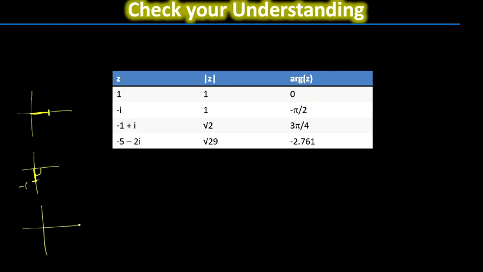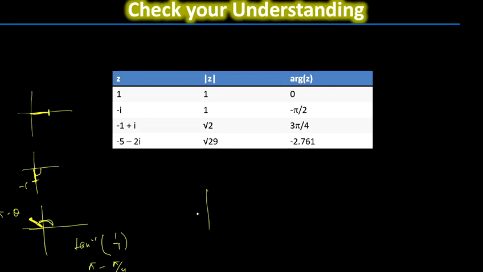If you have negative 1 plus iota, somewhere here, this length is root 2, applying the Pythagoras theorem, x squared plus y squared. But what about this angle? You apply the formula tan inverse of imaginary over real, ignoring the signs first, and you get pi by 4. In this quadrant you have pi minus theta, so pi minus pi by 4 gives 3 pi by 4.